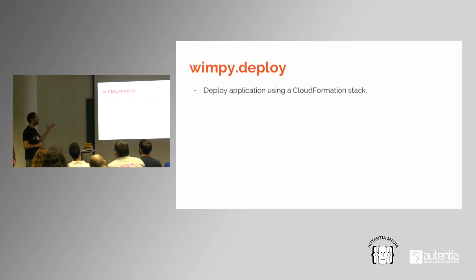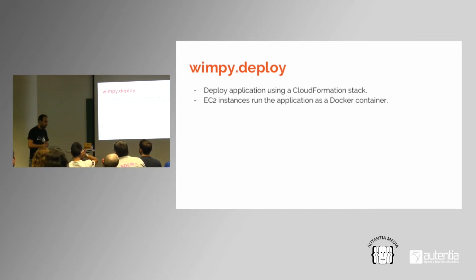Basically, we create a CloudFormation for all your application, and we create an auto-scaling group in Amazon, which is just a set of machines that scale together. And all of these machines are running your application using the dumbest orchestration ever, which is every host is running one container.